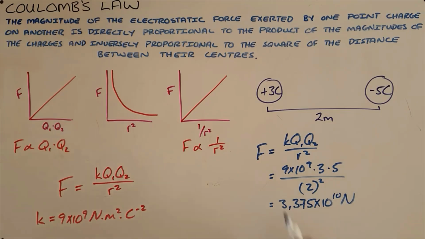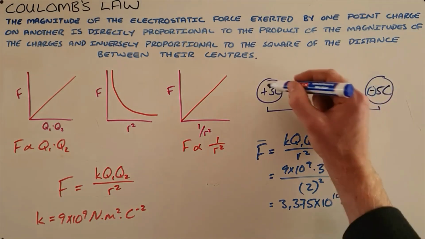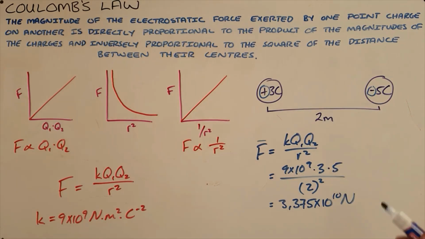Now we know that this force is a vector, which means that it must have direction, and the direction is determined by the sign of these charges. Here we can see that these two objects are oppositely charged, which means that this force would be toward each other. Obviously, if the objects have like charges, the force would be away from each other.